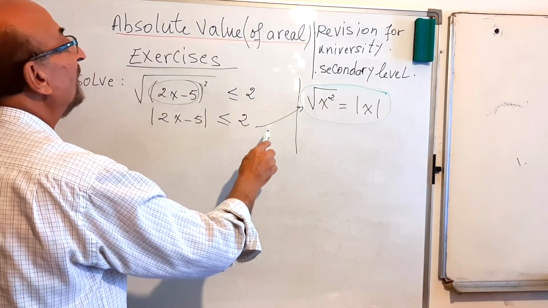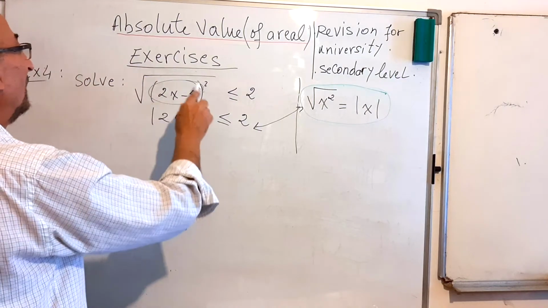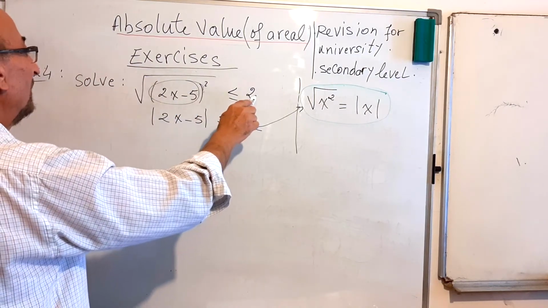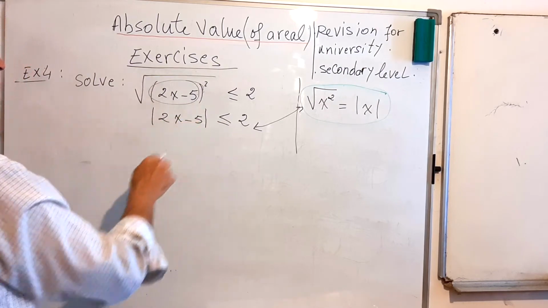By the formula, the square root of (bracket) squared is equal to the absolute value of the bracket.